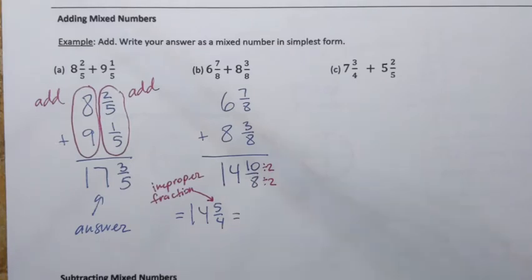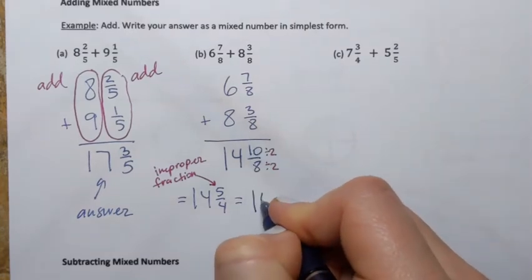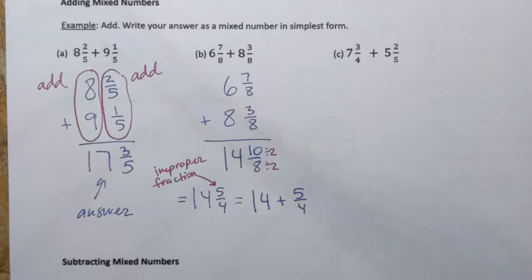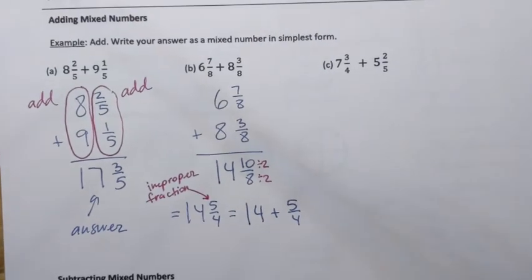This is how I'm going to think about it. So first I'm going to separate 14 and 5 over 4. We already talked about how it's the same as 14 plus 5 over 4, right? Once I separate them, next I will convert that improper fraction to a mixed number.